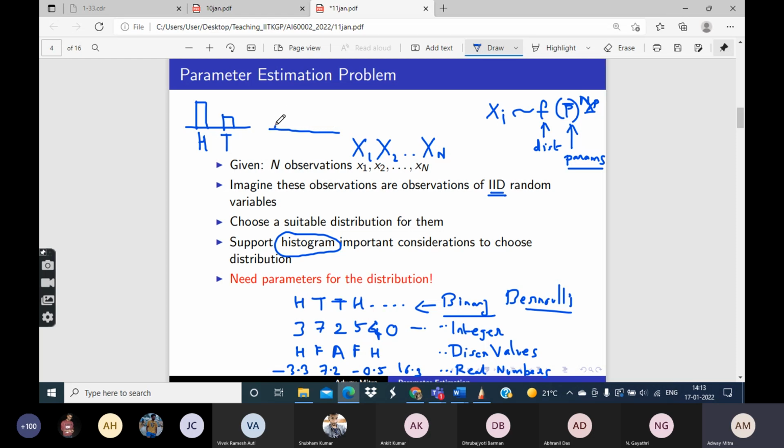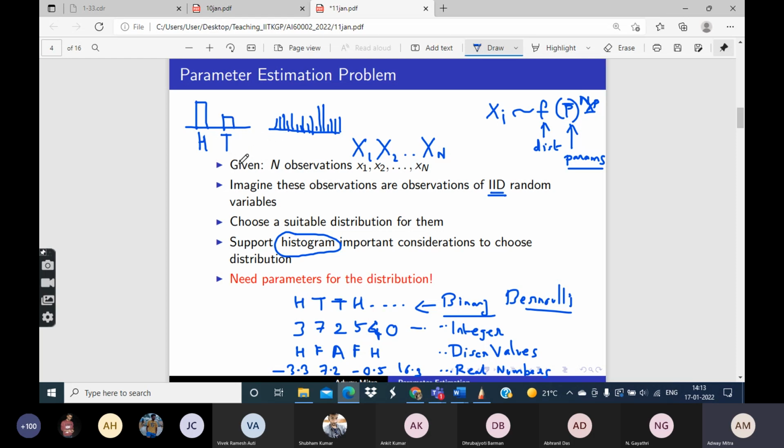So maybe the distribution will look somewhat like this, maybe something like this. So you will have to find a probability distribution whose PMF or PDF can resemble this kind of a histogram which you have got.